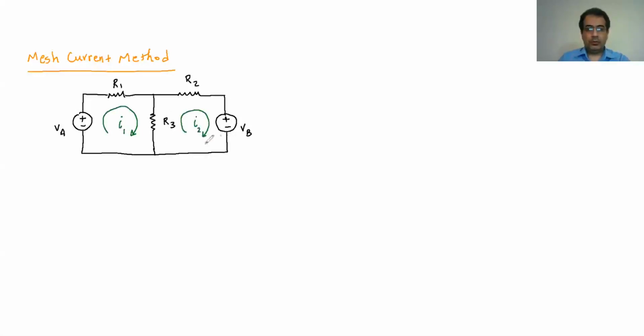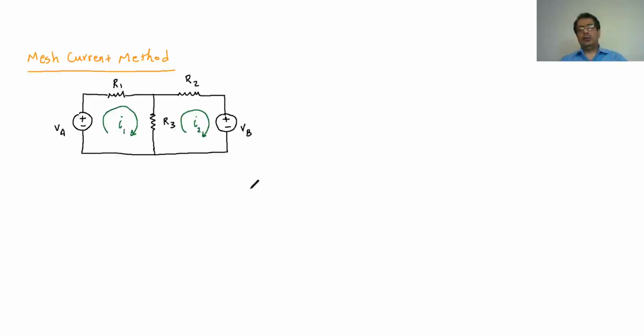So in the second loop, I assume the current goes, for example, from the R3 to R2 to VB and comes back to R1. So ignore the left part. Assume this is the only loop we have and everything goes there as I2. So I1 and I2. So assign the I1, I2.